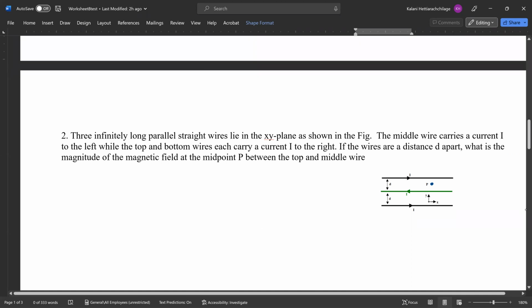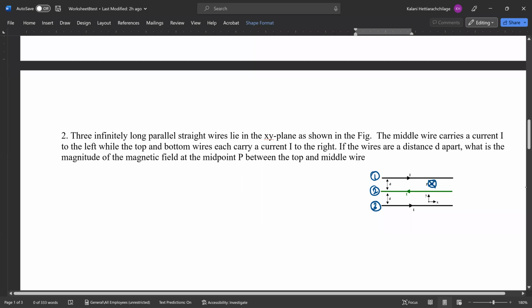Now I need to find the magnetic field at point P. I know that the top wire, bottom wire, and middle wire all will create a magnetic field at P. Let's start from one of them, the top wire. Let's label them as wires 1, 2, 3. The first wire will create a magnetic field around that wire, so at P I have a magnetic field in the inward direction.